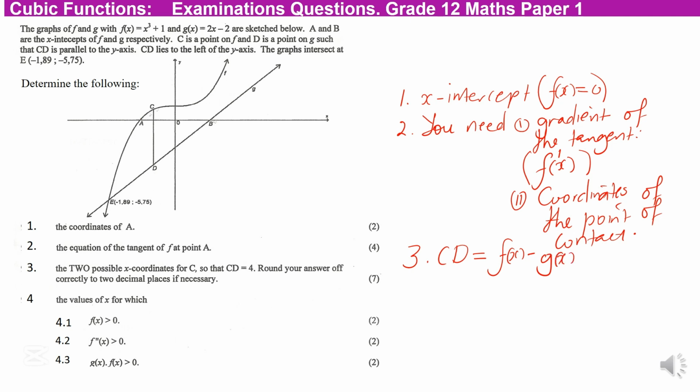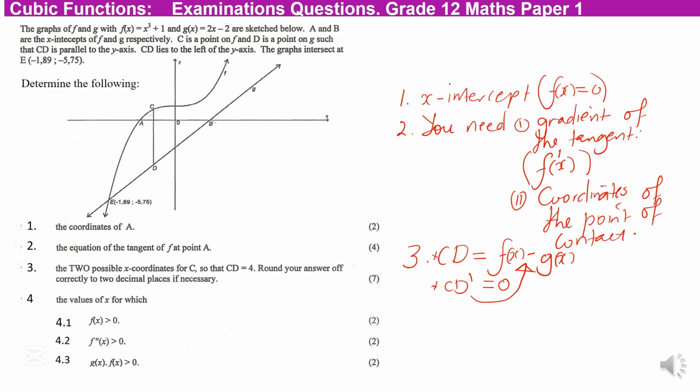Then after that, we simplify this to simplest form. Then secondly, we differentiate the expression that we got, and after differentiating we equate to 0 to get the value of x that can lead us to the maximum or minimum value of the line. So the x value that we get from here, we substitute it into the expression for CD, and that will give us the length of the line.